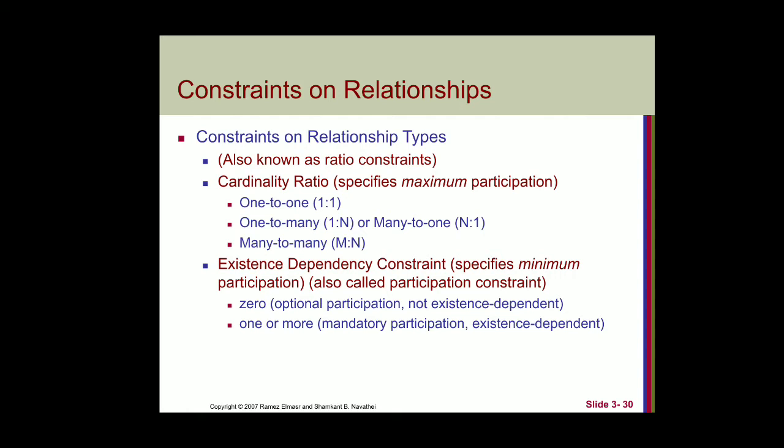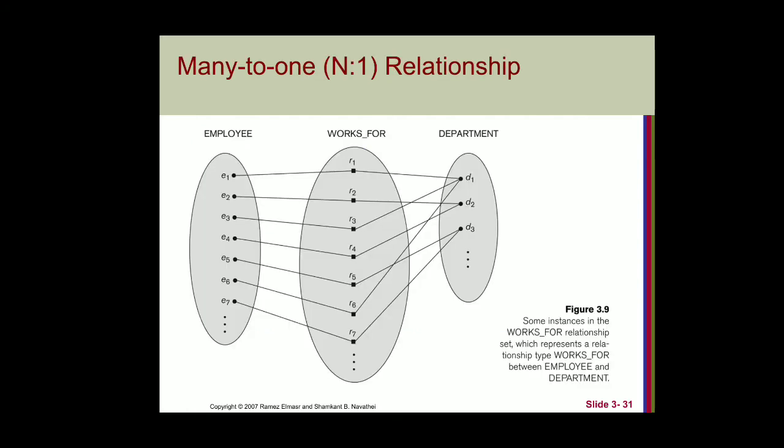One is cardinality ratio, which specifies the maximum participation, and the other is existence dependency constraint, which specifies the minimum participation and is also known as participation constraint. First, let us consider the cardinality ratio. Cardinality ratio specifies the maximum participation. Here we can have 1 to 1, 1 to N, N to 1, or M to N. We will see what actually it is.